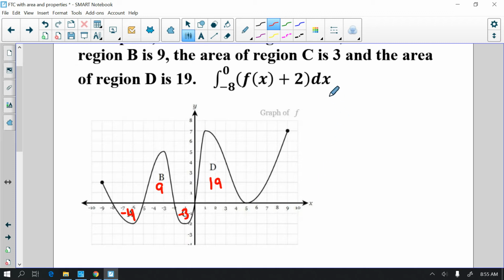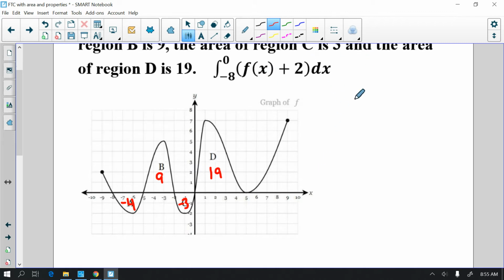So what I can do is separate this into two different definite integrals. I can treat this as the integral from -8 to 0 of f of x dx plus the integral from -8 to 0 of 2 dx.